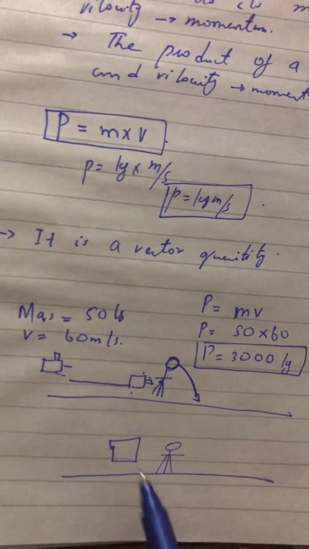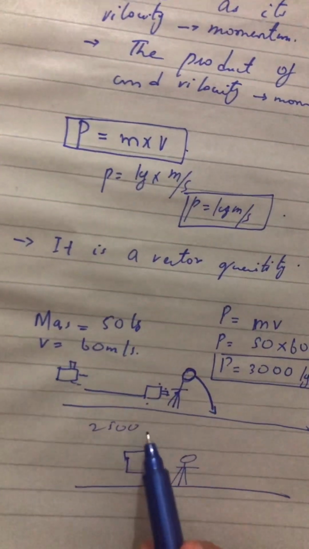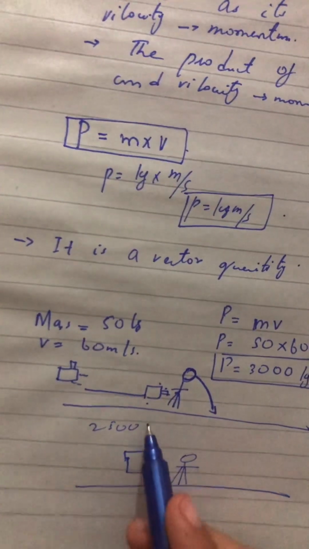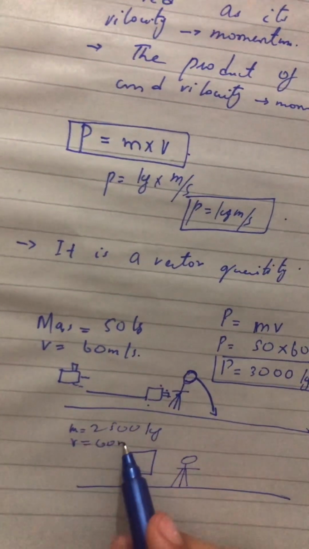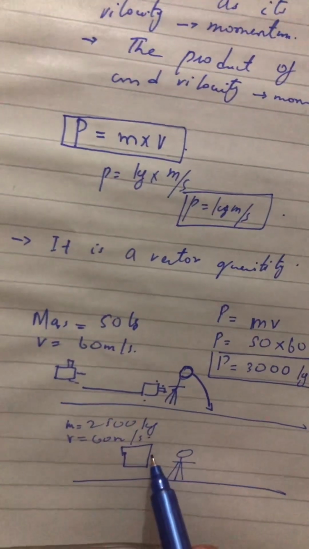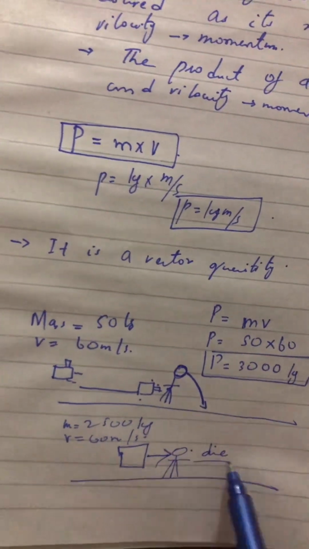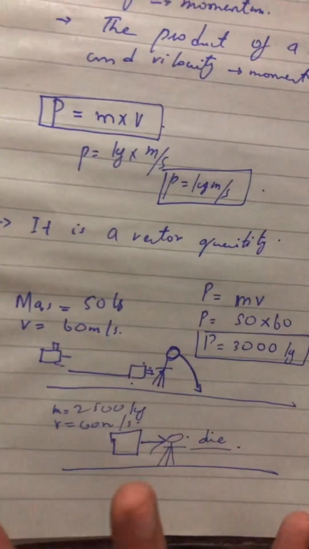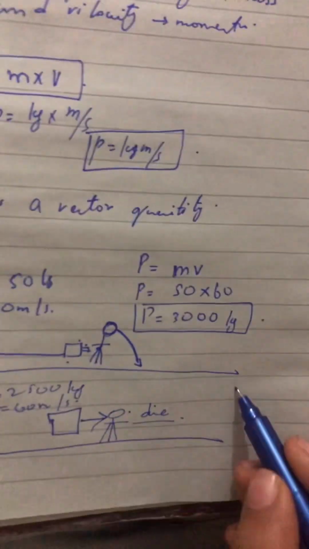After that, the person was standing, but this time one big truck came, whose mass was 2500 kg, and whose velocity was the same, 60 meter per second. This truck hit that person, and that person died, or we can say got a high injury. So what will be the momentum of this?